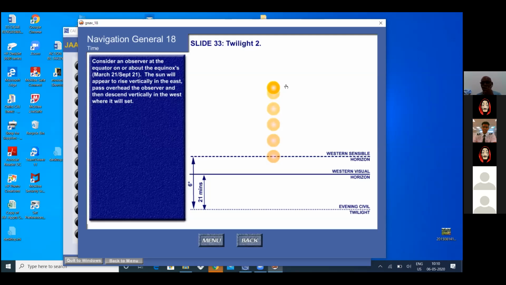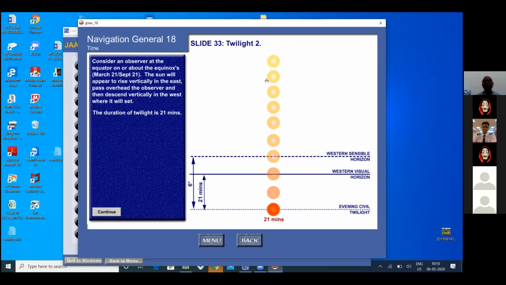What's the significance in knowing the difference between astronomical, nautical, and also civil twilight, sir? You have to know as an aviator. Your knowledge should be more than plain geography from school, no? You must know what civil twilight is.